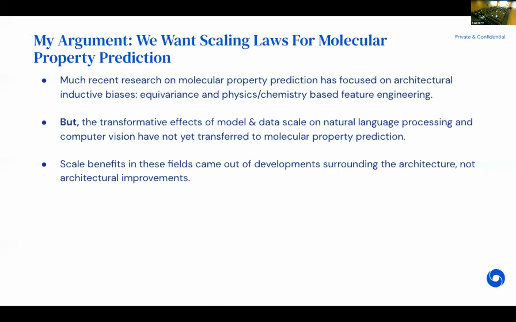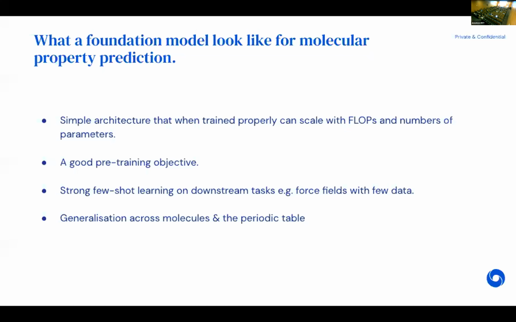We need something that is actually going to learn a very rich and important representation of our data so that we can use it in downstream tasks. You would have strong few-shot learning on downstream tasks. So you might have your foundation model, you might get 5 points from your very expensive quantum chemistry calculation. Maybe you can train on those 5 points, and it generalizes very well, perhaps across the periodic table.